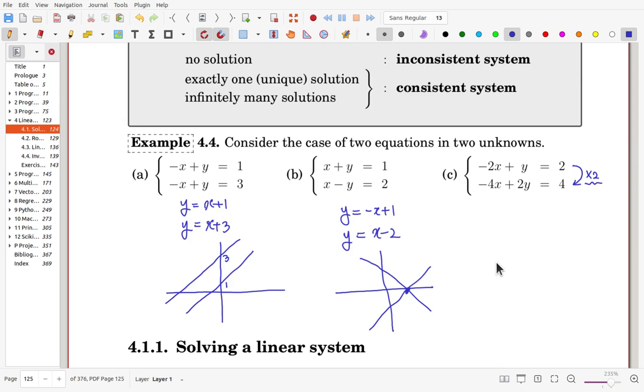That means the two graphs meet at every point, and so it has infinitely many solutions. Here we have three systems. One has no solution, one has a unique solution, and the last one has infinitely many solutions.